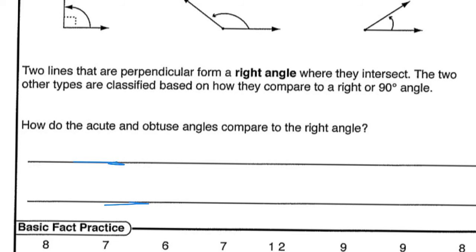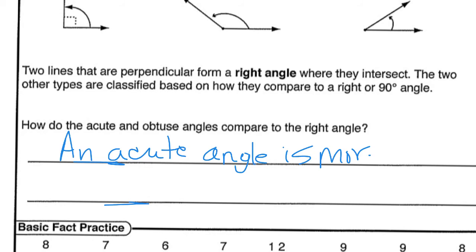So your answer should already be written. It does not have to be the exact same wording as mine, but the meaning should be about the same. You would say an acute angle, you could say is smaller, but I'm going to say is more closed, and this is hard for me to write small with my finger on this here, so I'm going to kind of combine these together.